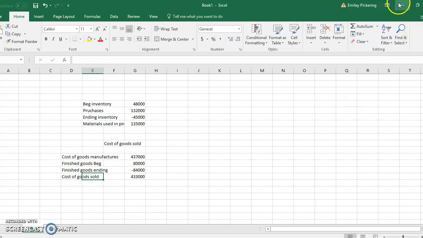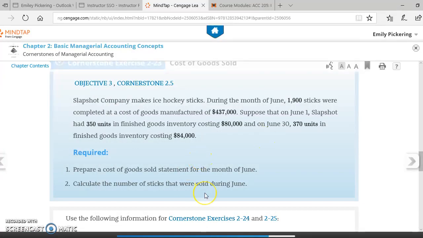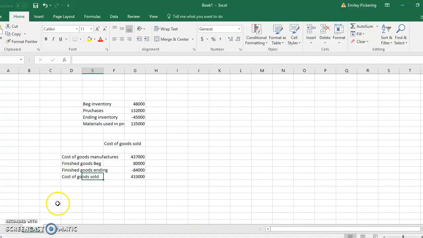And then I think there was a second question: calculate the number of sticks that were sold during June. So let's take a look at that. What we want to do is start with our finished goods at the beginning. I think they said that was 350.